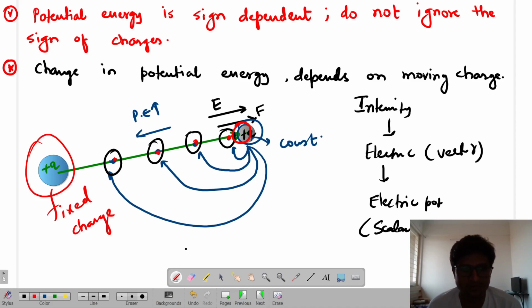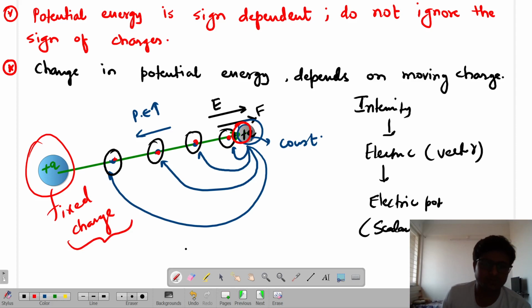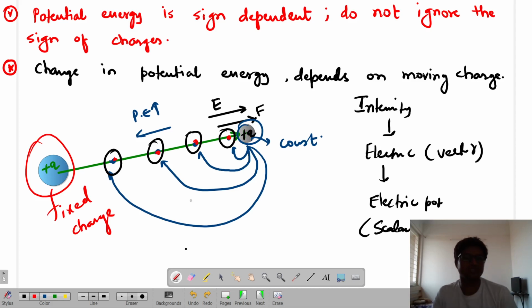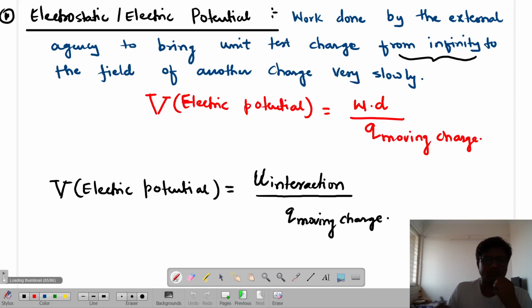But if the fixed charge is very small, then this plus q will not need that much force. So electrostatic potential, in reality, is not talking about the moving charge but about the fixed charge, though the formula is given through the moving charge.